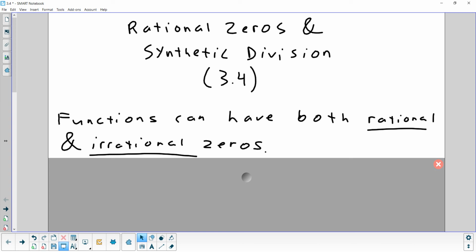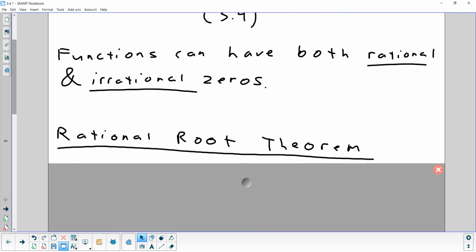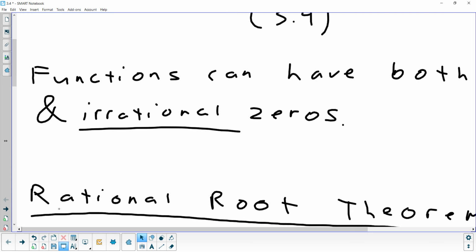But we're going to call it synthetic division. And if you look back in the section, they write Horner's algorithm, and then in parentheses they put also called synthetic division. But if you just look at the homework page, you wouldn't see that. So let's take a look at the rational root theorem.